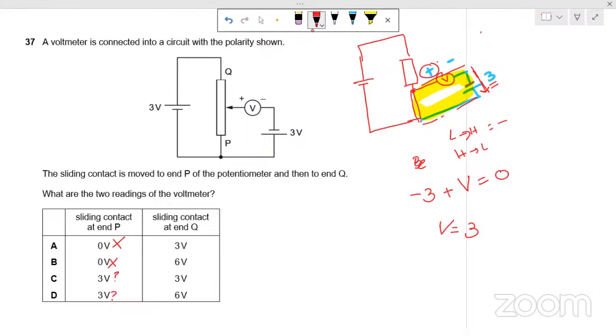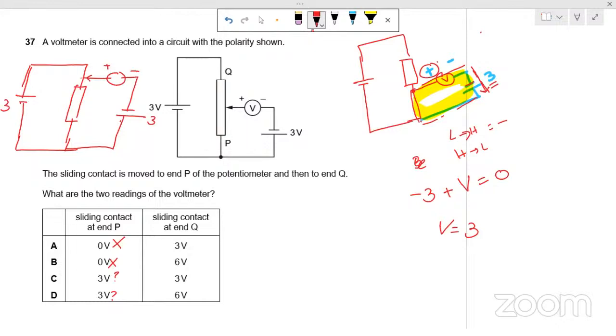Now, if we move the contact point to the new position, let me draw a new circuit. This point is connected here. This is positive, that is negative. This is 3, this is also 3.